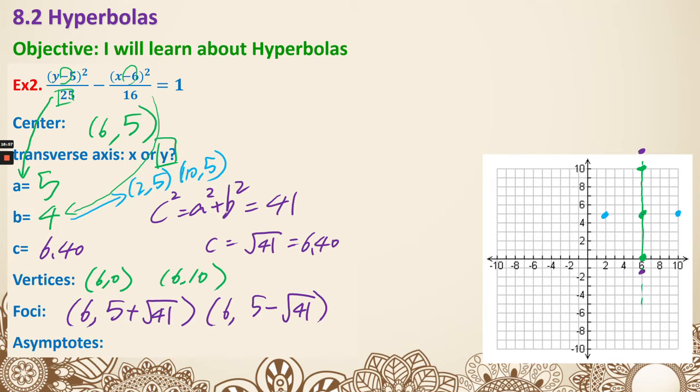I can start generating the rectangle and finding out my asymptotes. So here it is. There is my rectangle. I can connect the diagonals so I can generate the asymptotes. That is going to be 4 left and 5 down. So 4 left, 5 down, 4 left, 5 down.